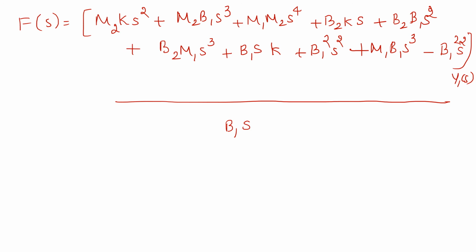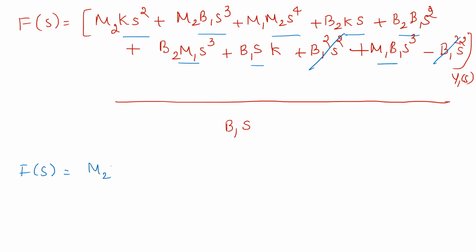So this term and this term get cancelled, and if you observe, all of this has s common, so you take s outside so that it cancels with the denominator s.